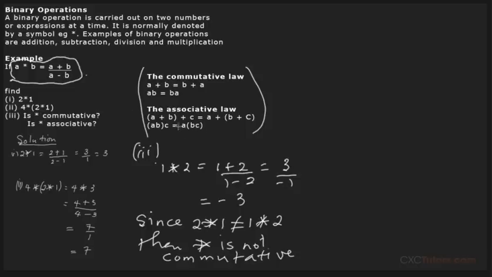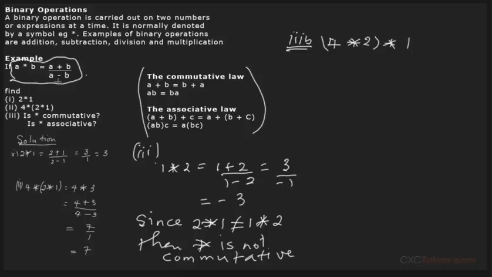So what we now need to do is to work out the left hand side of the property. So we now need to find the value of 4 star 2 in brackets, of course, star 1.